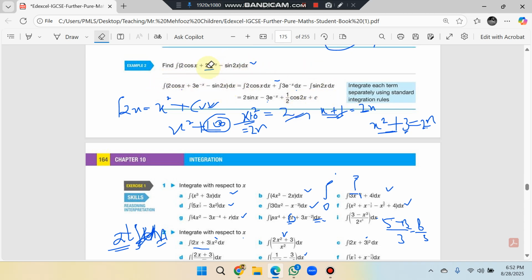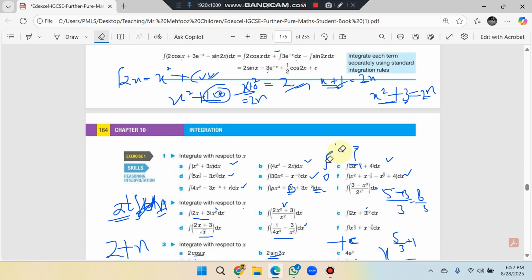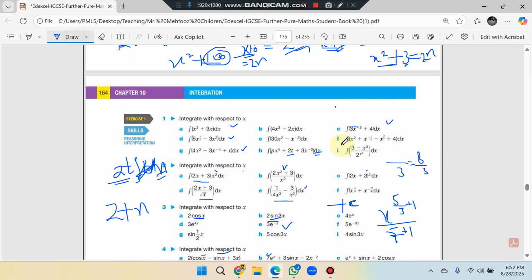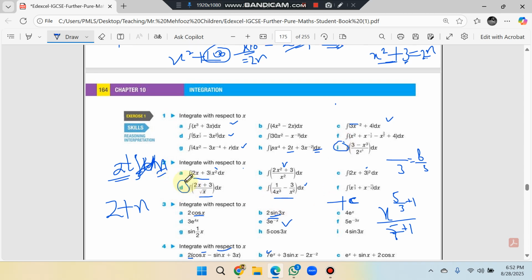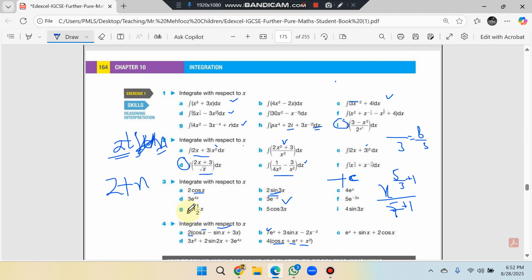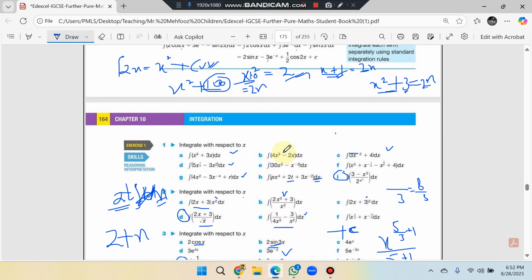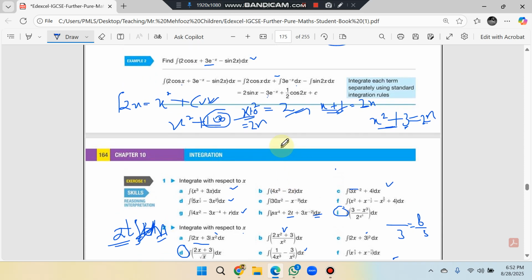These questions are question number 1, part I, question number 2, part D, question number 3, part G, and question number 4, part C, right? These are the circled questions which you have to do after doing this example. Okay, first of all do this example quickly.